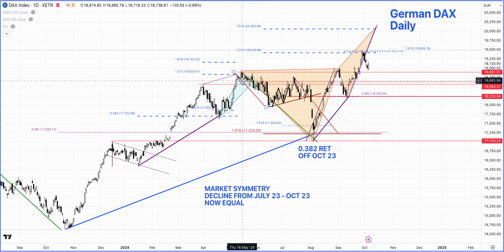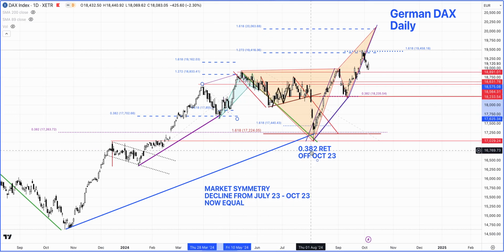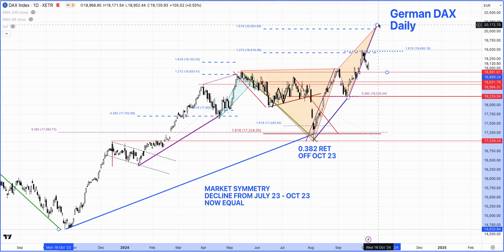Long-term subscribers will know that we were pointing out this 1.272 expansion, and it was really a smaller swing than this one, but it led to such a big decline here, lasting over 2 months. So this one could be even bigger.